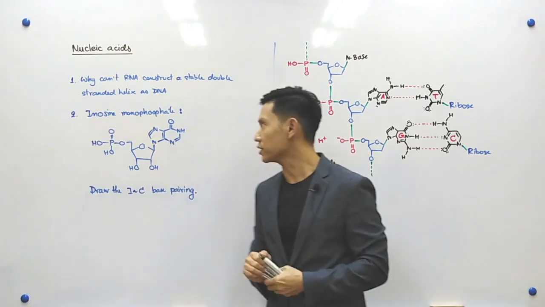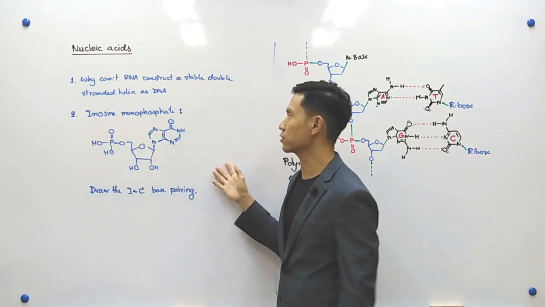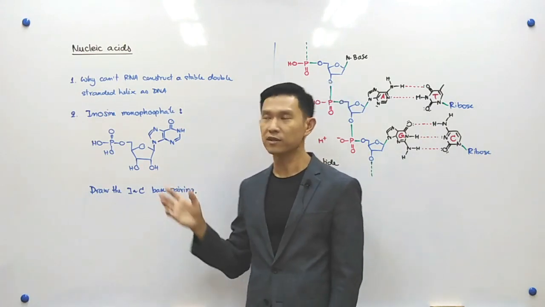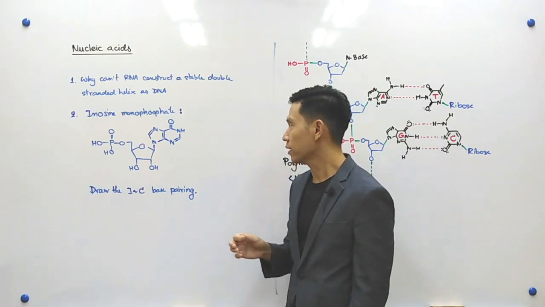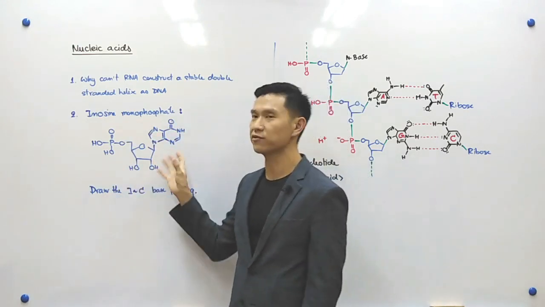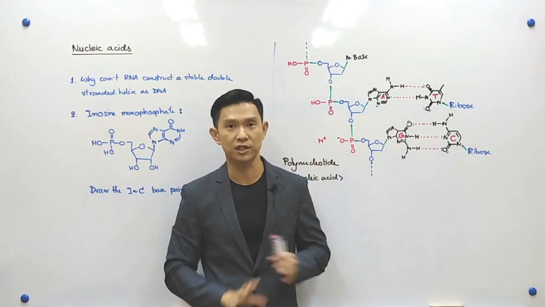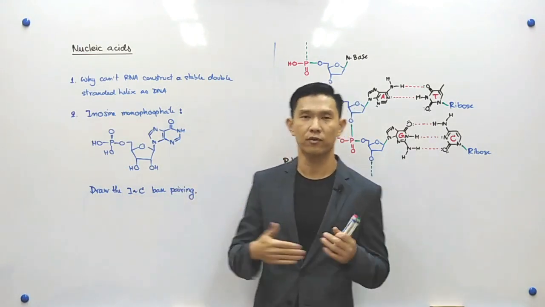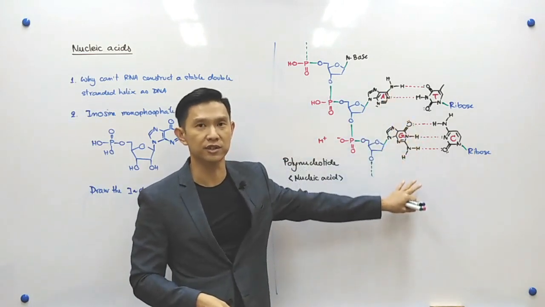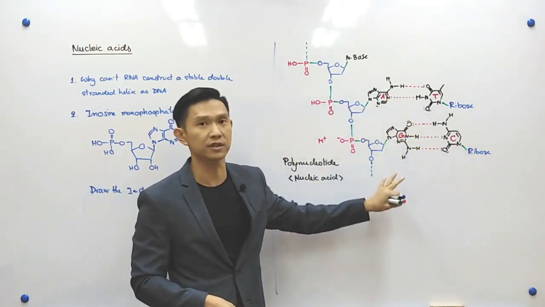The second question is, I show you here the structure of inosine. Inosine is commonly found in transfer RNA, or tRNA. And because its structure is very similar to the A, C, G, T, U bases, this one can also form this kind of hydrogen bonding system with some bases here.